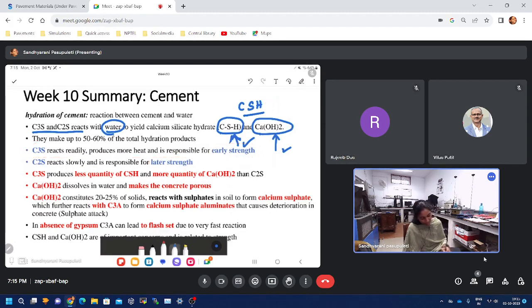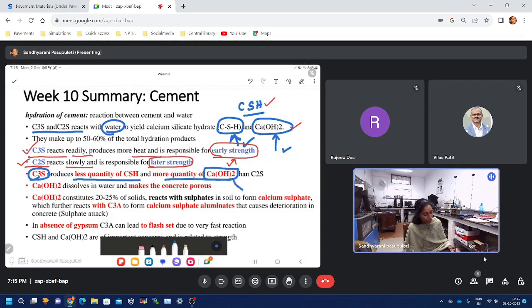And also the C3S, which is nothing but the tricalcium silicate, produces a very small quantity of CSH and more quantity of Ca(OH)2. As I have discussed already, if we have more calcium hydroxide in the cement, because this calcium hydroxide can be dissolved in water, in future wherever you use this cement, this calcium hydroxide will be dissolved in water and it will make the concrete porous.